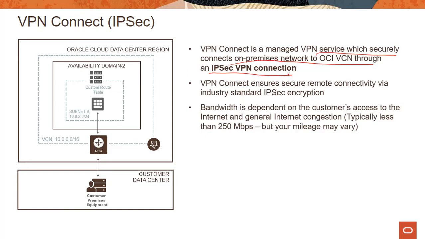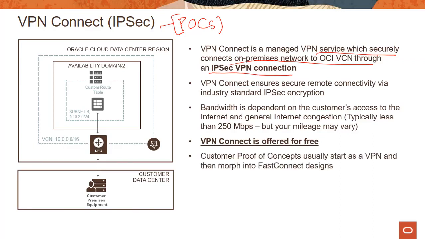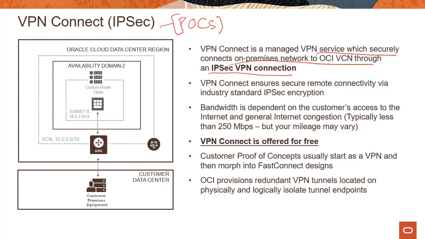Typically, we have seen the bandwidths can be much higher, but the whole idea of using VPN Connect is to run proofs of concept. If you have any requirements around running enterprise apps, our guidance is to use FastConnect and not VPN Connect. VPN Connect is offered for free, so there is no charge for using the service. And like I said, customer proofs of concept usually start as a VPN, and then they morph into FastConnect designs as you move into production environments.